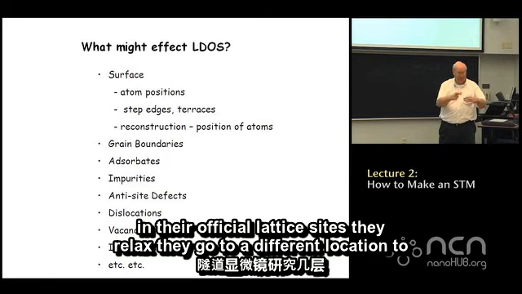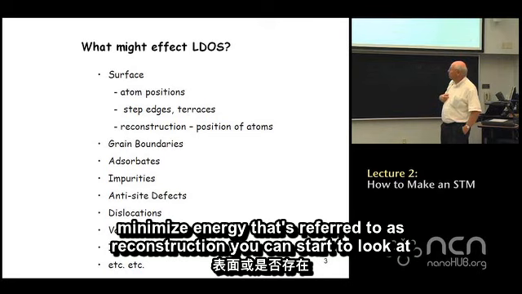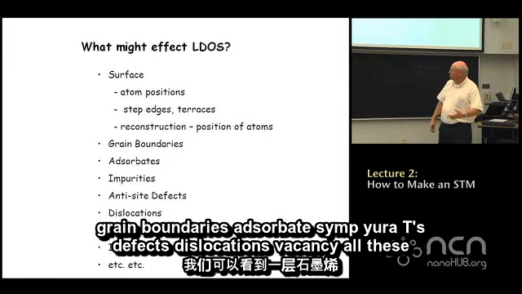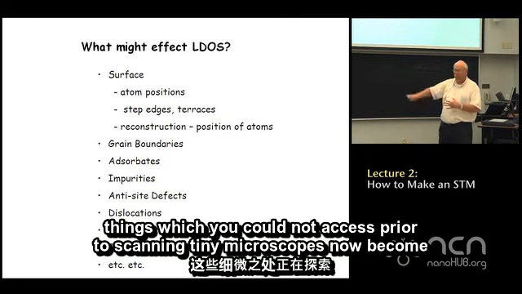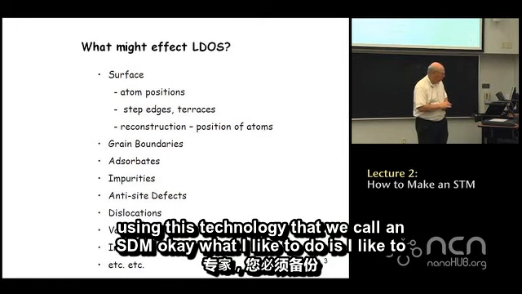They go to a different location to minimize energy. That's referred to as reconstruction. You can start to look at grain boundaries, adsorbates, impurities, defects, dislocations, vacancies, all these things which you could not access prior to scanning tunneling microscopes, now become accessible using this technology that we call an STM.